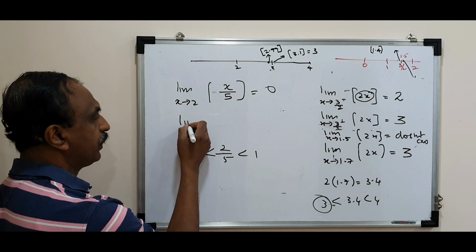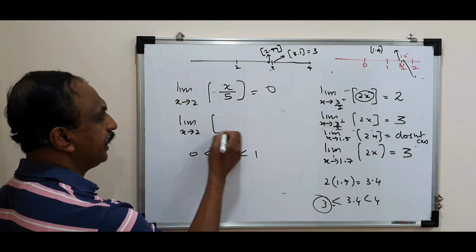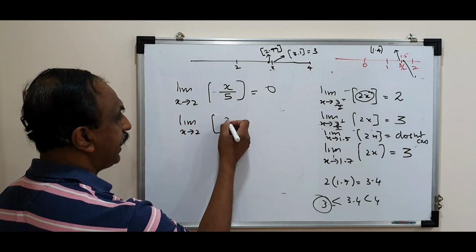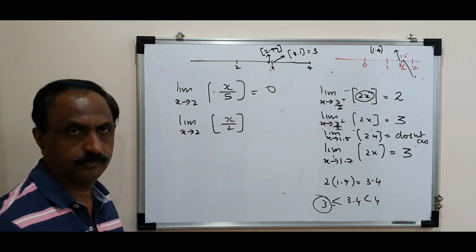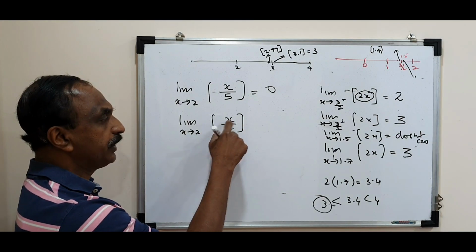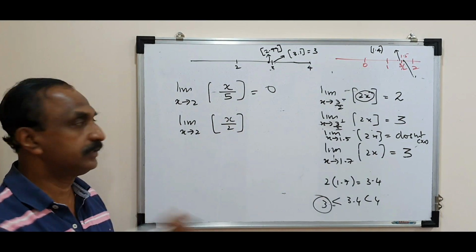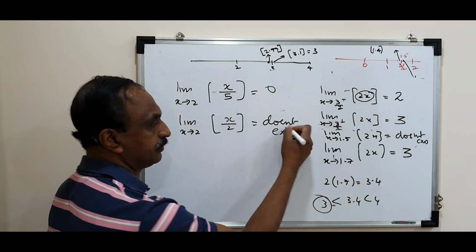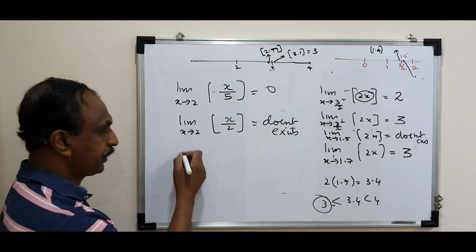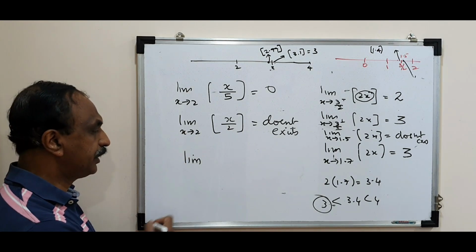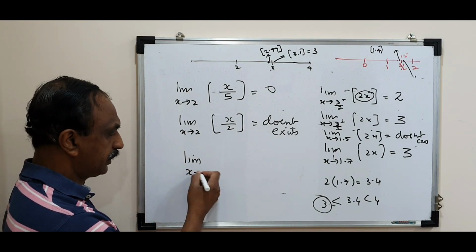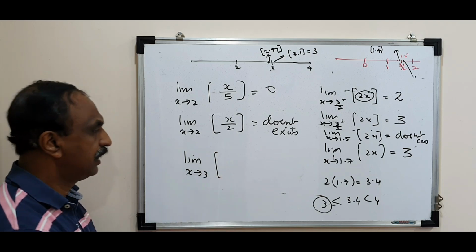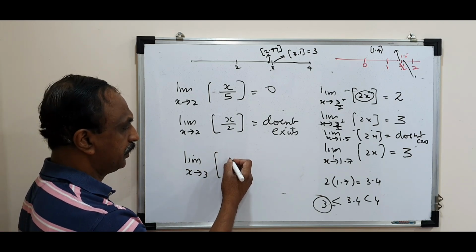Now let's have a look at another one. Limit extending to 2, let's say x by 2. When I put x as 2 here, I get 1, I get an integer, so the limit does not exist. Another example. Limit extending to 3, let's say I have 2x.